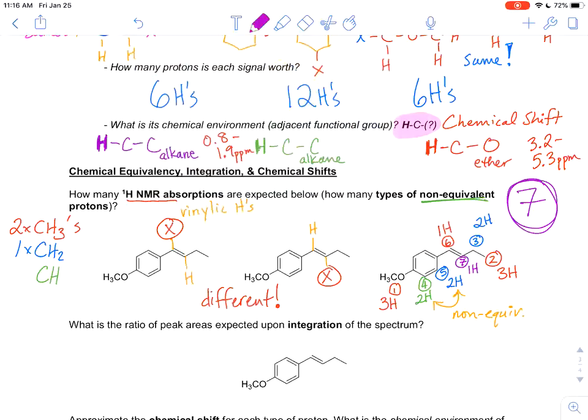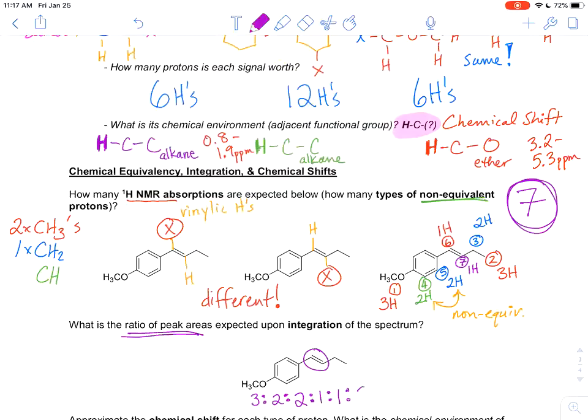So that's a lot of different things that we have there, 7 signals. Each signal is worth a certain number of hydrogens. And so that's what we mean by the ratio of peak areas. So how many hydrogens is each signal worth? What's going to be the relative ratio of each of the signals on the proton NMR spectrum? And it goes like this: 3 to 2 to 2, those are the aromatic protons. We have 1 to 1 for these vinylic protons.